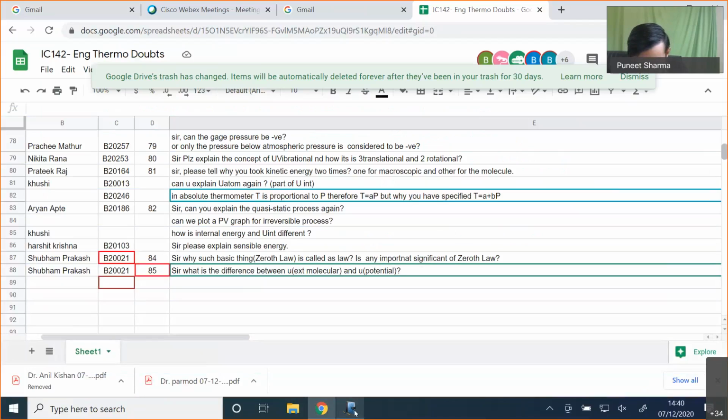Then why is such a basic thing, the zeroth law, called a law? Is there any significance of the zeroth law? So the zeroth law specifies the equality of temperature, and temperature is one of the very fundamental properties of a thermodynamic system, which is required to specify the state of the system and can be easily measured the majority of the times.